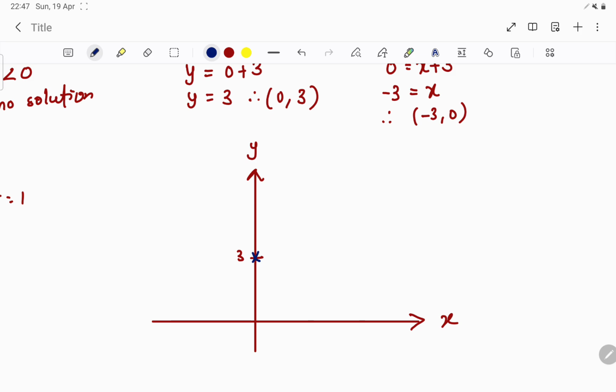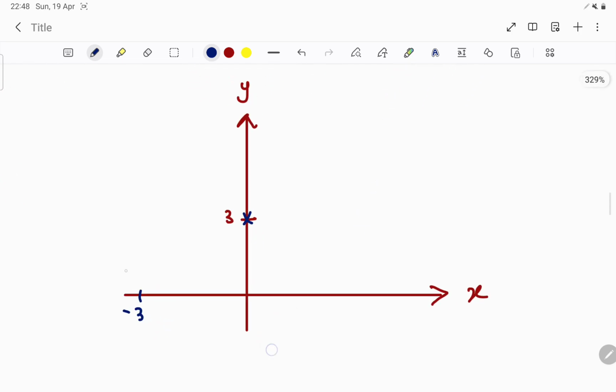Another one is (-3, 0), I put maybe around here. When you have these 2 points, in order to draw the linear line, you just connect these two with a ruler.